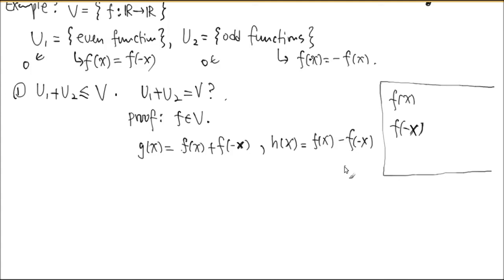Different order, so it must be the whole thing negated. So h is an odd function, right? So we have constructed an even and an odd function out of just f. Then what are you going to do to retrieve f? What can you do about g and h? Do something about g and h to get f.